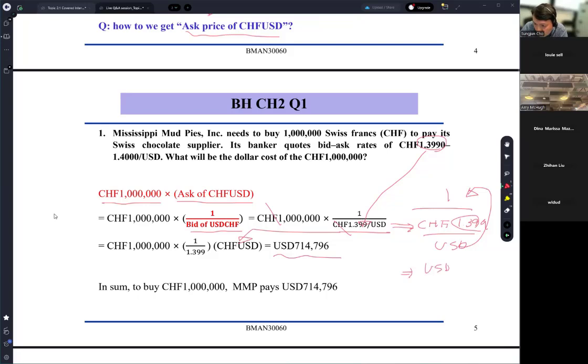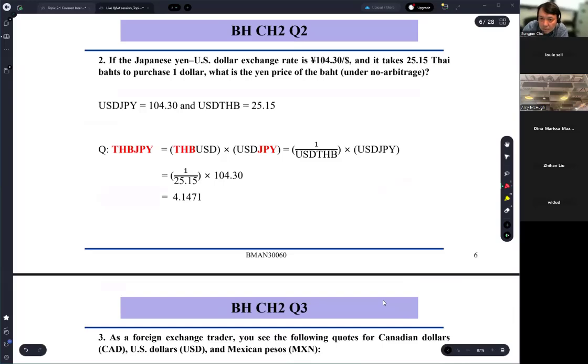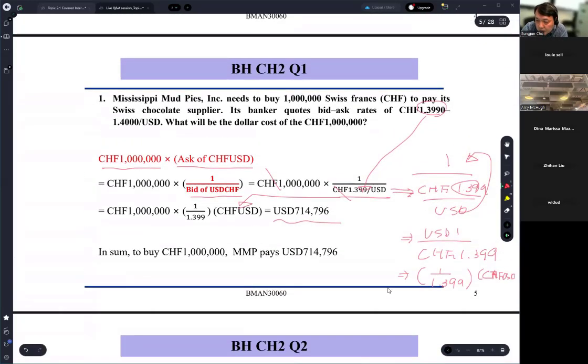So it's like USD 1, CHF 1.1399. So I write down this one as 1.1399 and CHF USD. Oh, sorry for that. CHF USD.